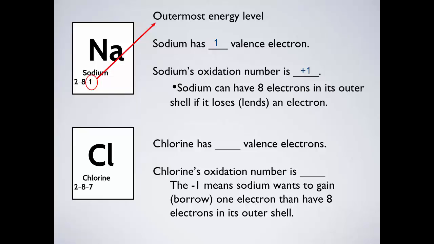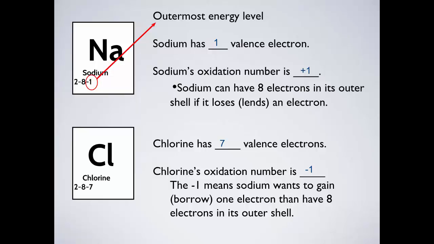Chlorine. How many valence electrons, Grace? 7. What would it love to do? Add 1. So its oxidation number is -1, because think of it this way, it's missing 1 electron. If it could fill in that missing electron, it would be happy.